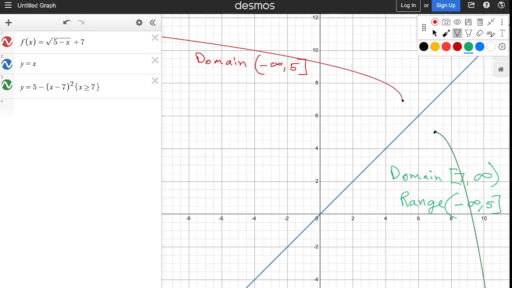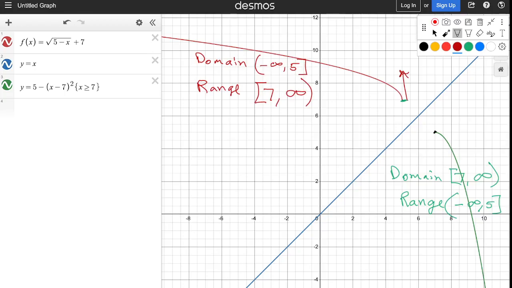So we can also see here that the y value is 7, right? And there are no y values below 7. They're all above 7. So you might also see that the range for this one is going to be 7 to infinity. So you can figure out either one.